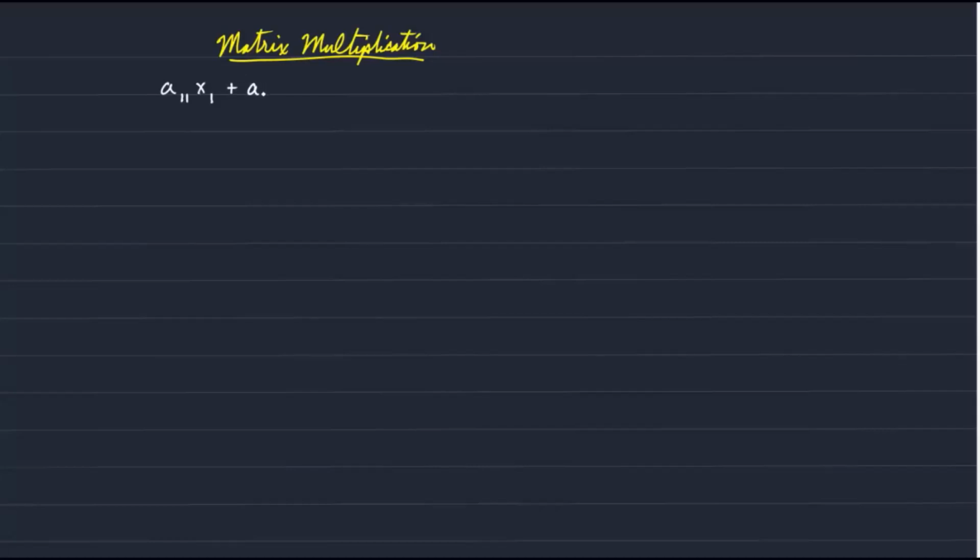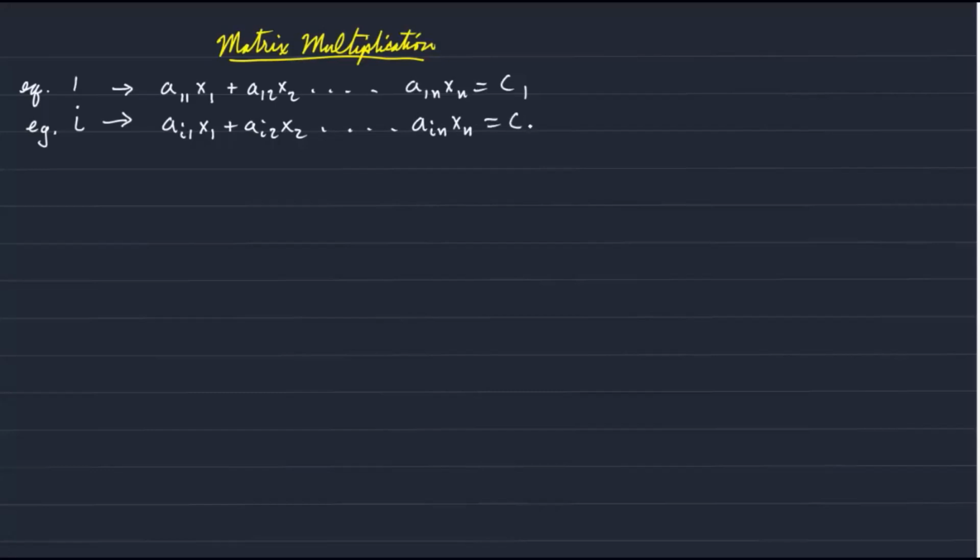So let's look at our first equation that we looked at before. Again, it was coefficients multiplied by n unknowns. So this is equation 1. And I'd like you to start being a little more comfortable with using these variables. We would express equation i as ai1 times x1 plus ai2 times x2 all the way out to ain times xn is equal to ci.